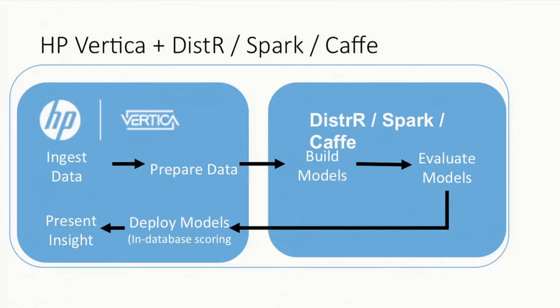An end-to-end analytics workflow pipeline would look something like this. We have the database, HP Vertica, on the left and the specialized engine, Distributed R or Spark or say Caffe, on the right. The database will load and ingest the data, then you might do data preparation in SQL. Right there, we would like to export the data to the external tool, where the data scientists can build, train, and evaluate their models, and then bring it back into the database where it can be deployed.